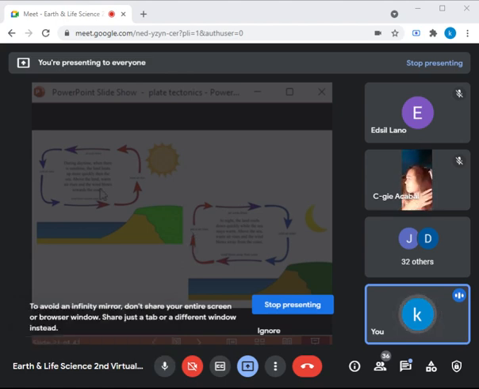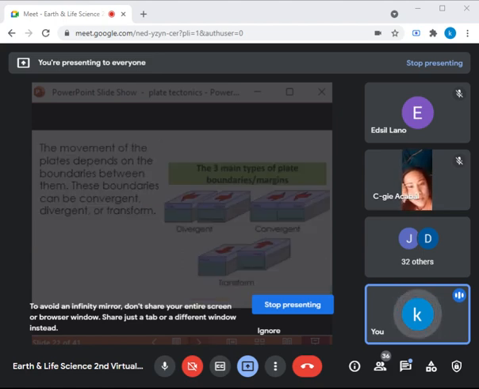So, baliktad siya sa sea breeze. During nighttime, ang warm air is coming from the sea. It will rise. It will move towards the land. And then, the cool air will move towards the sea. So, convection currents, gihapon na siya nga mechanism. Alright.